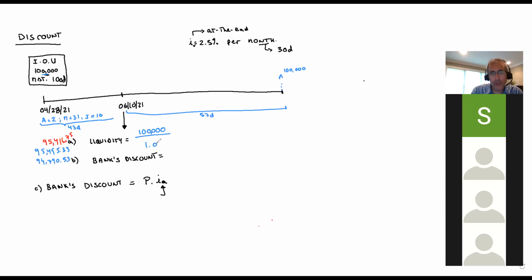The rate is 0.025 per month, so this one here is going to be 30. How many days will we put here? 57. Completely right. And then we get the answer. Someone can verify, please. What do you get here? Can you do this, please? 2 or 3 guys do this and tell me what number you get?